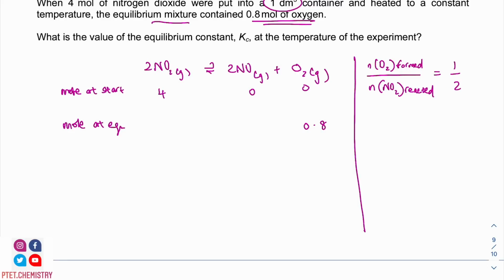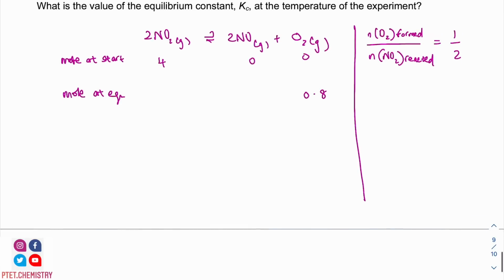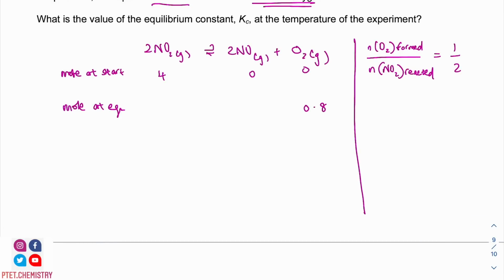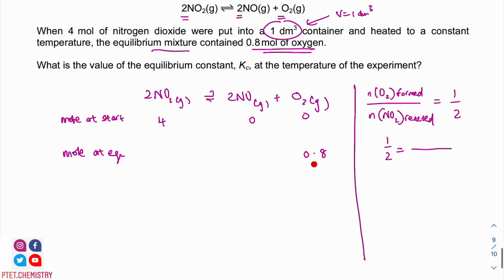Okay, I'm running out of space there, but what I can do is I'm going to move the 1/2 now, and then on the right hand side I will properly put in the value of whatever is the actual thing.